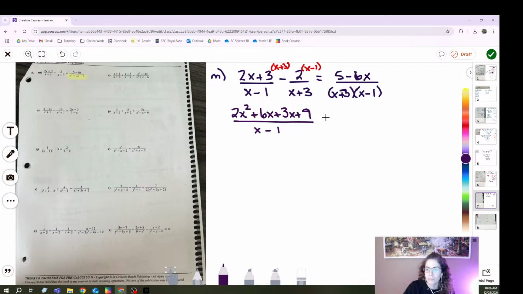As we distribute, though, it turns it into -2 times -1. Like you're foiling that in, you multiplied that to be minus 2x, but minus 2 times minus 1 becomes plus 2. Right, that's now all over a common denominator.